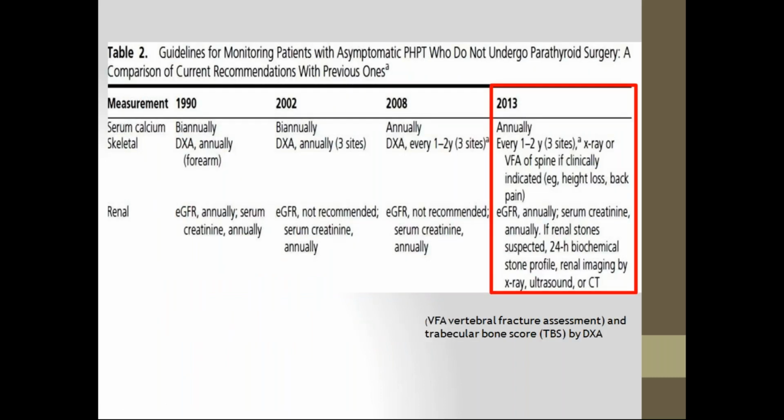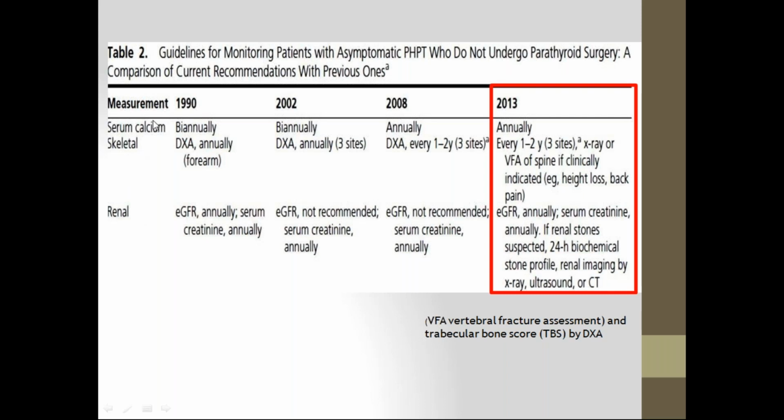So these are the guidelines for monitoring patients with asymptomatic primary hyperparathyroidism who do not undergo parathyroid surgery. Asymptomatic patients who are on medical management are under supervision. So we have to monitor serum calcium, and monitor skeletal changes by X-ray or dual energy X-ray scanning.